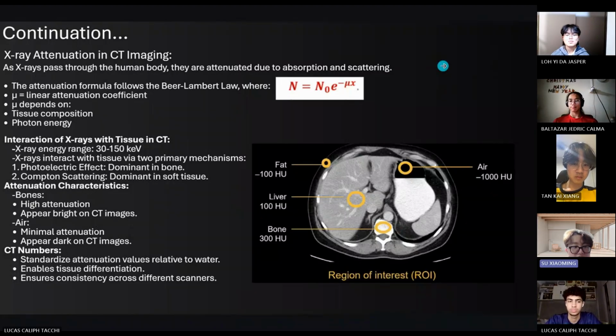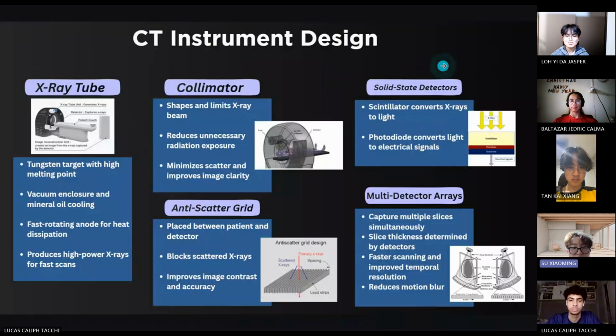Lastly, for the CT instrument design, the X-ray tube uses tungsten and a rotating anode with oil cooling to handle high heat, enabling fast, high-power scans. Collimators shape the beam to reduce unnecessary exposure, while anti-scatter grids improve the image contrast. Solid-state detectors convert X-rays into electric signals, and multi-detector arrays acquire multiple slices simultaneously, reducing motion blur and scan time.